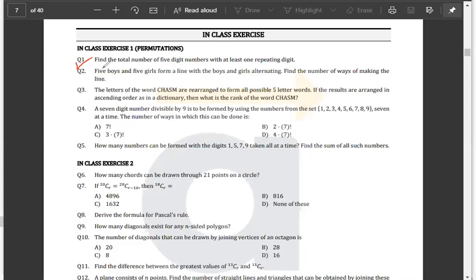So question number one: find the total number of 5-digit numbers with at least one repeating digit. Now, I guess these questions might be way too difficult for you, right? Let's tone down the problems.